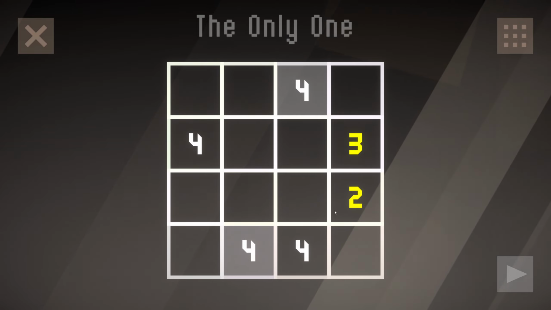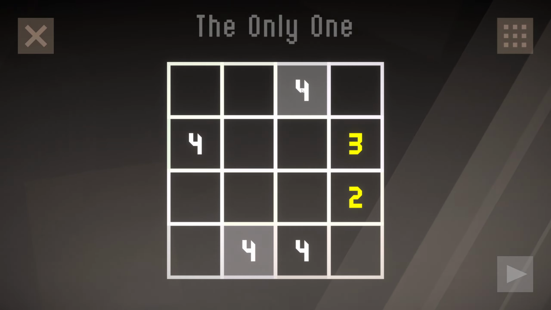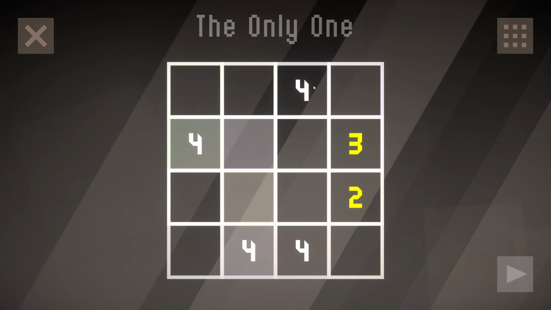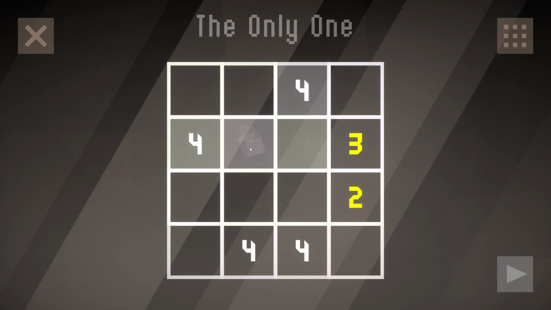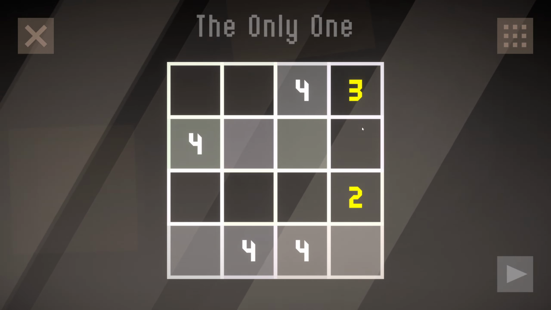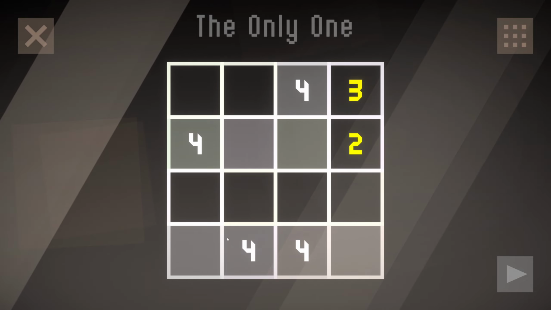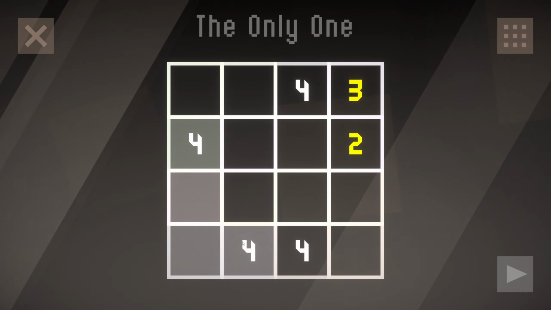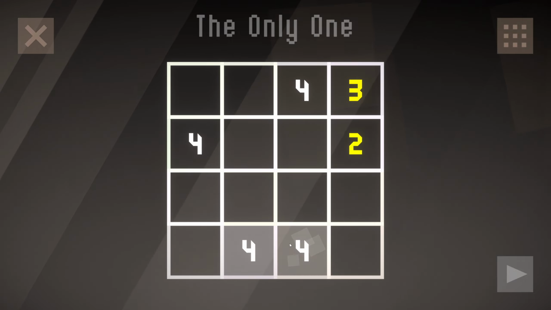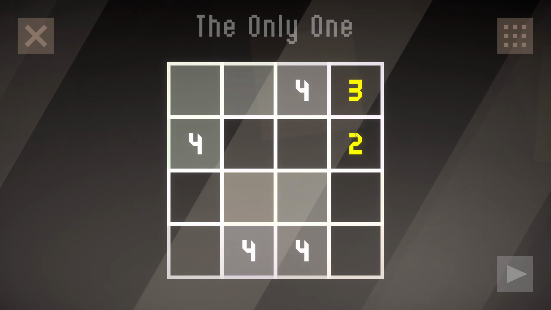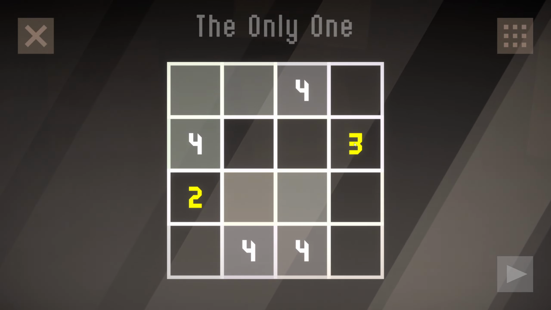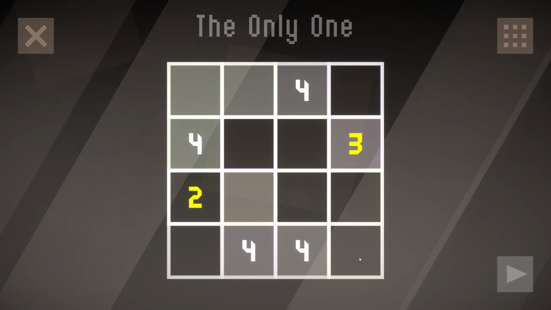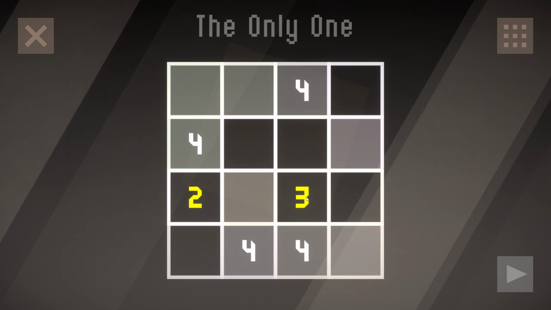This 4 and this 4 can never be in the same group. So that means either these are in the same group and these are in the same group, or these are in the same group and these are in the same group. But which way round is it? Can I make a group of 3 out of this? An extra group of 4?